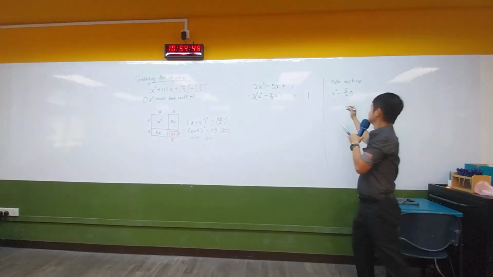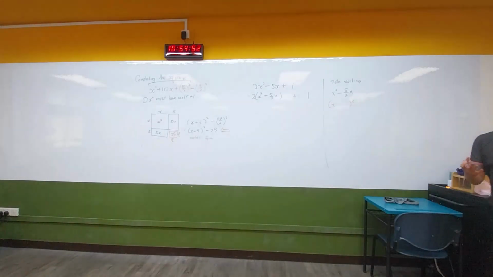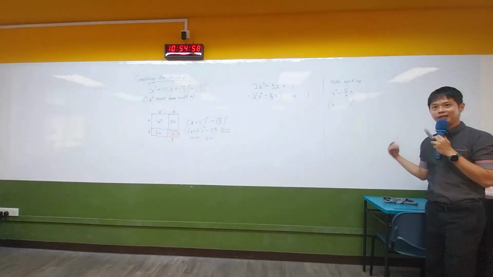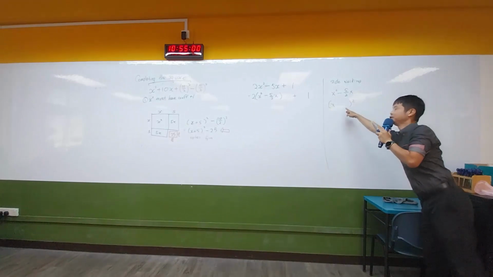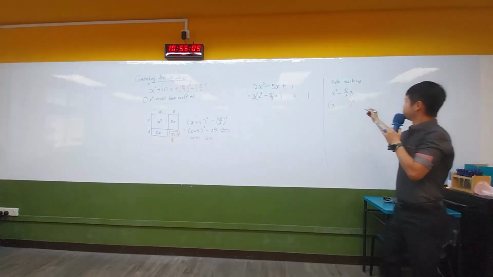Now things are easier. Okay, let's do a side working. We do a setup now. Ready? 1, 2, 3. Completing the square. Completing the square. Half dx and put in bracket. How much do I put? Plus or minus?